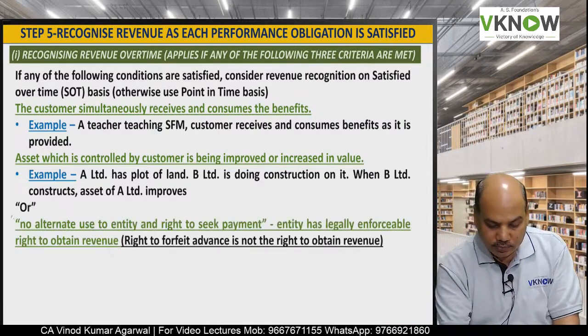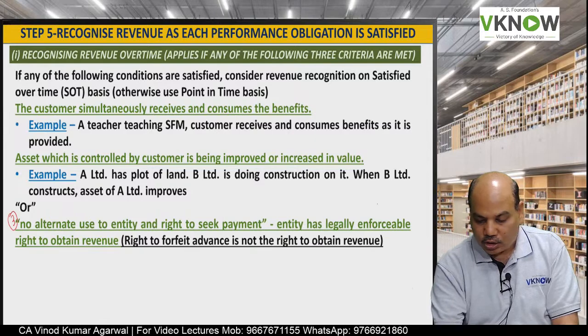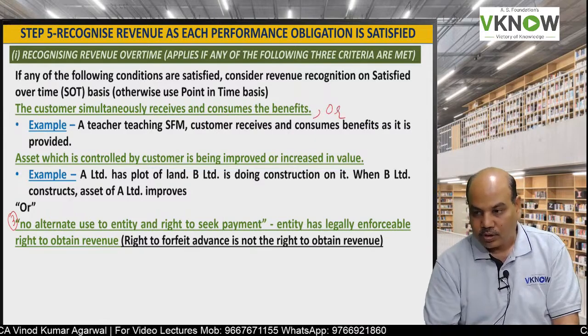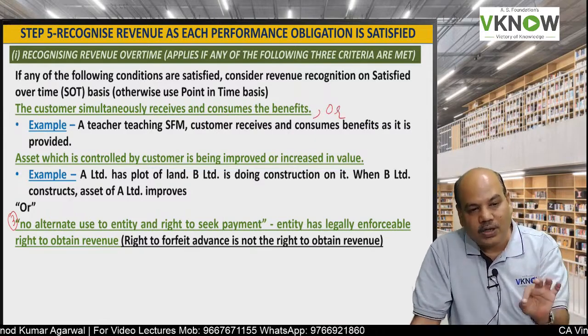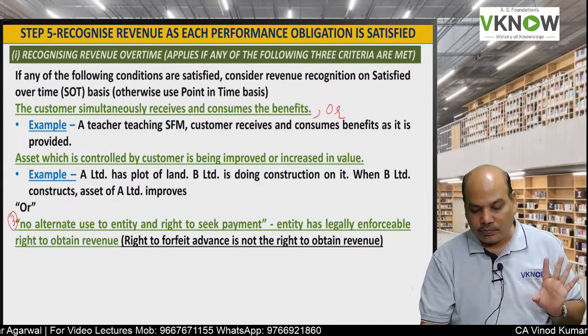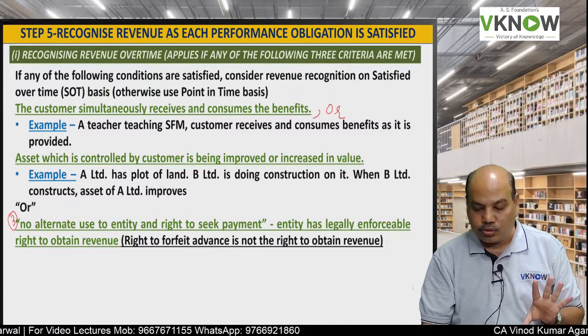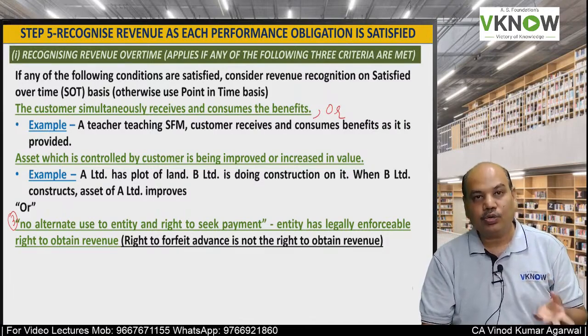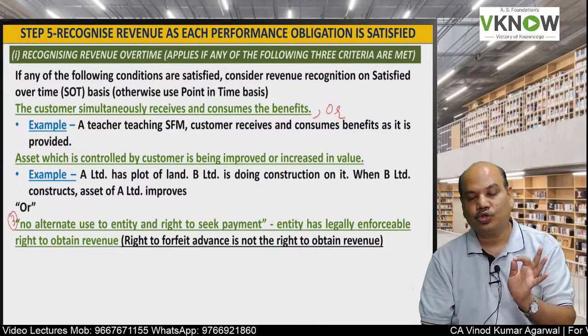Or third condition, these are either-or conditions. If any of them are satisfied, you will follow satisfied over time basis. There is no alternative use to the entity and the entity has a right to seek payment.